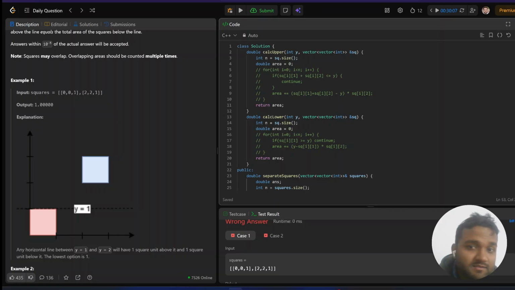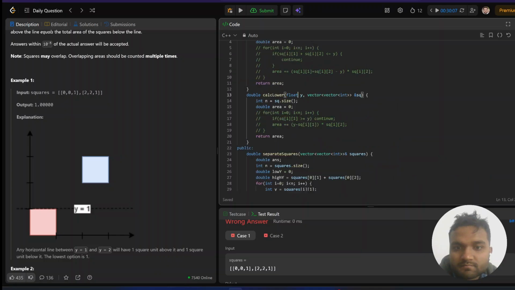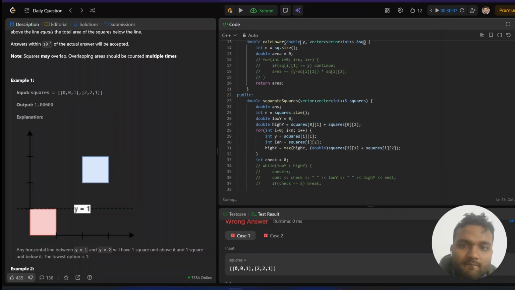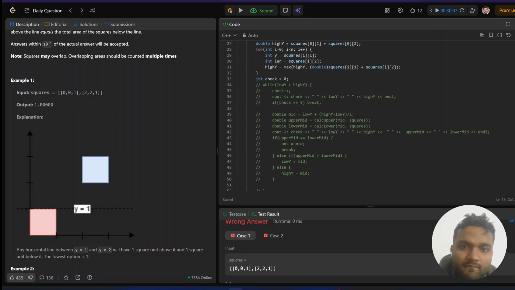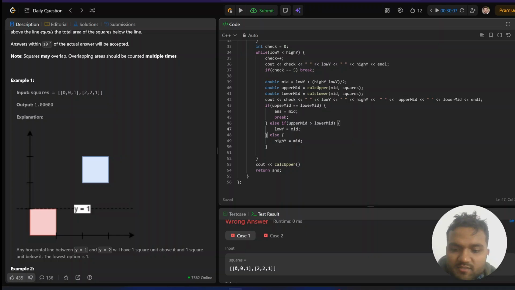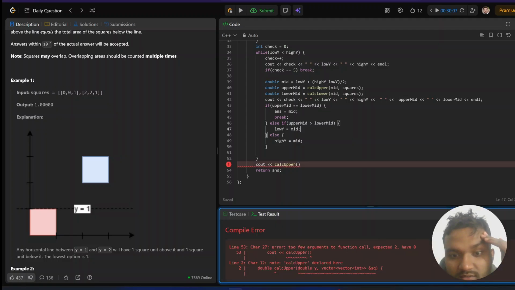I am taking this mid as Y, but this is a float, not float. I think that explicit and implicit type conversion went wrong.